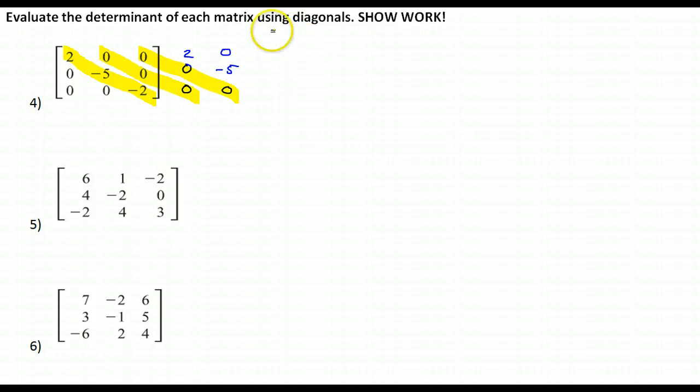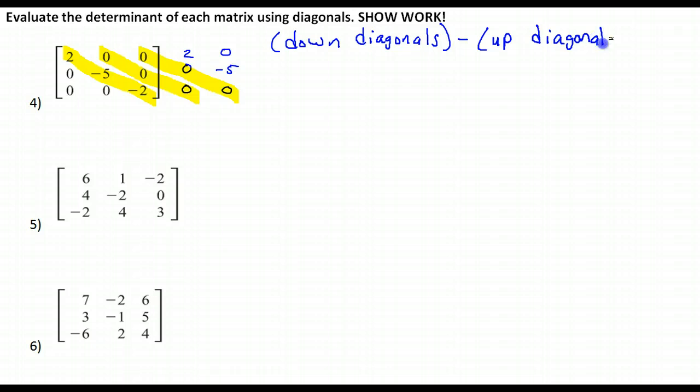So the way this process works is we're going to do down diagonals minus up diagonals. Alright? Just like we did when it was a 2 by 2, when we did down diagonal minus up diagonal.